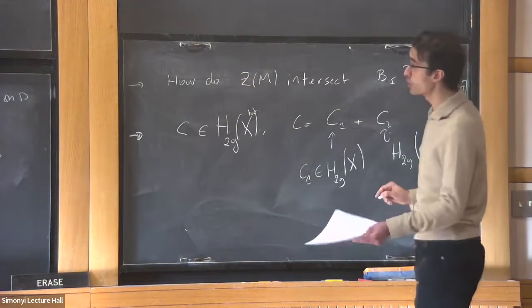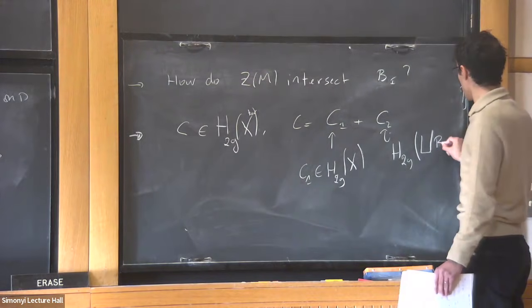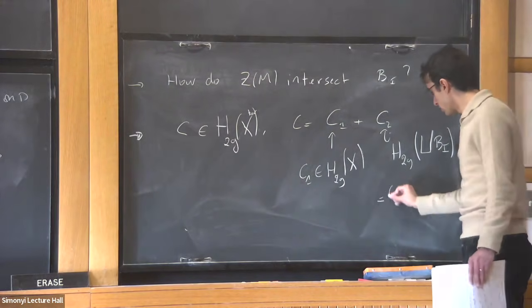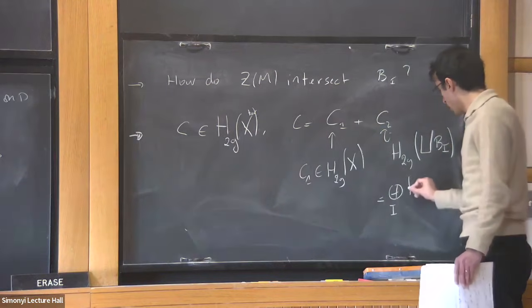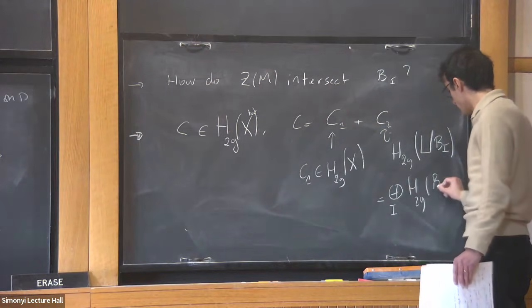Now the boundary is a disjoint union of these BIs, and so this is just the direct sum over all I of the homologies of these BIs.